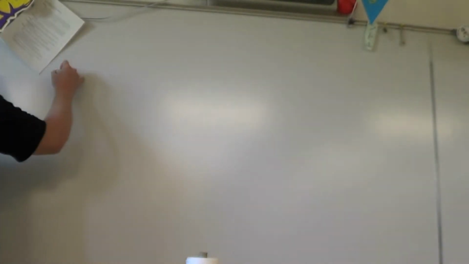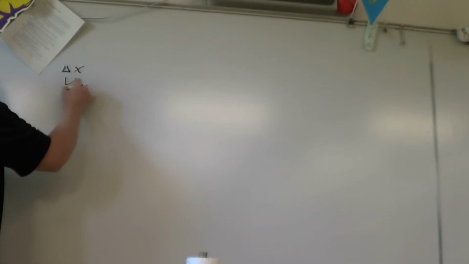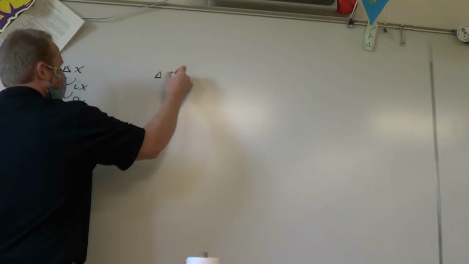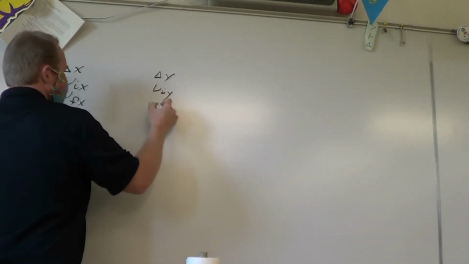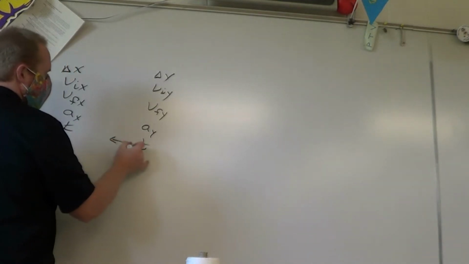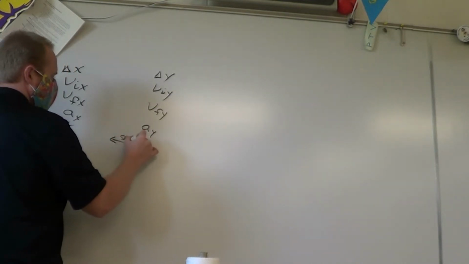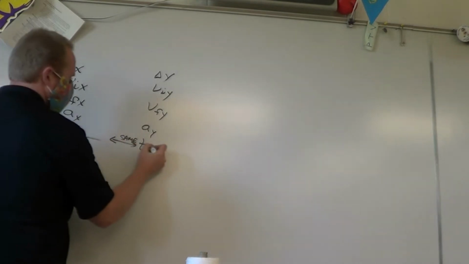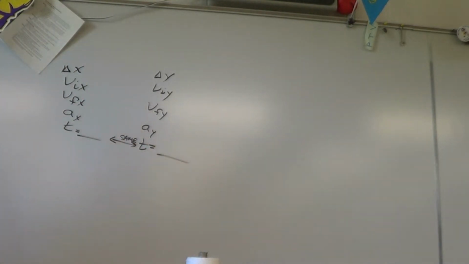So because it's a 2D motion problem, I use my black marker to make my list of two variables: delta x, vix, vfx, ax, t, delta y, viy, vfy, ay, and t. Because it's a 2D motion problem, my times are going to be the same.